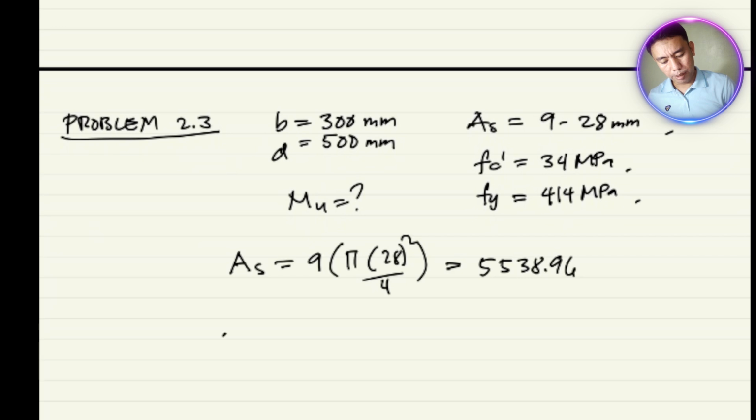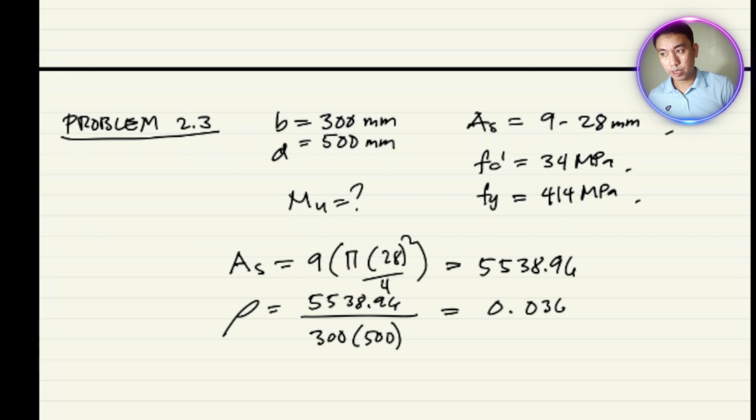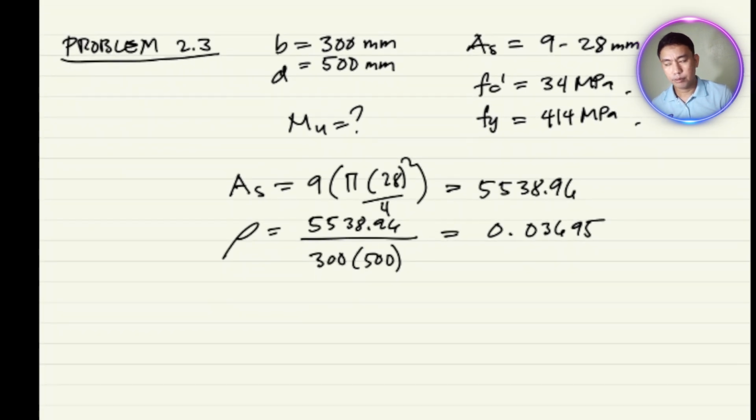So if we have the AS, we can solve the rho. This is 5,538.96 over BD. Okay. 300 by 500. Our rho here is 0.03695. Okay.